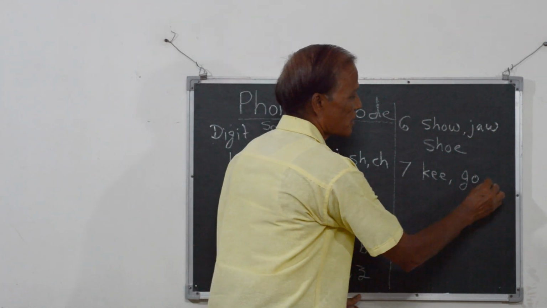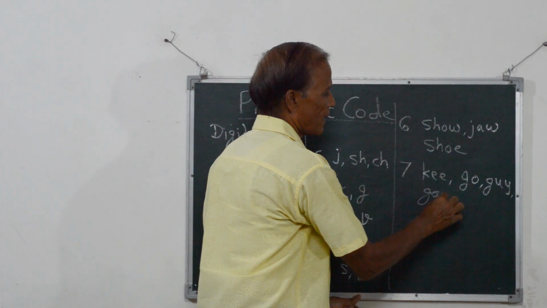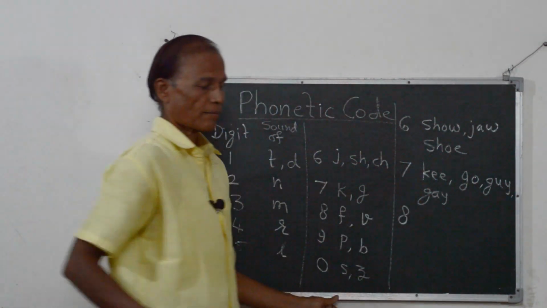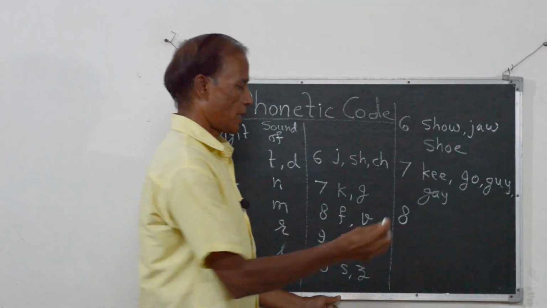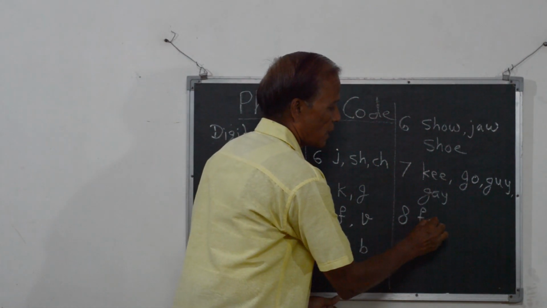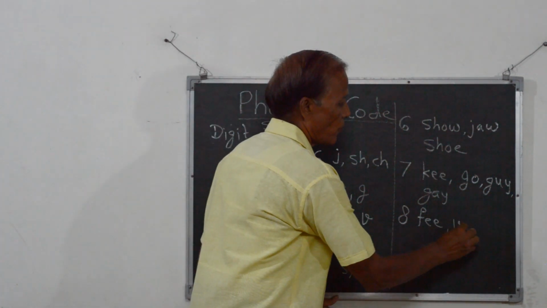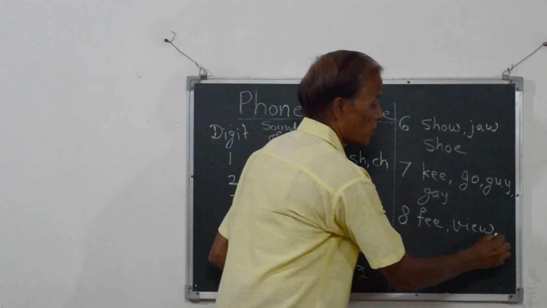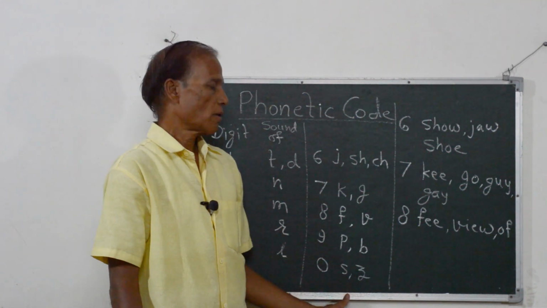Then guy is another word which can be used, or gay, like that. Then for 8, we use F or V. So that will give us words like view, even off. See, off also can be used for 8.